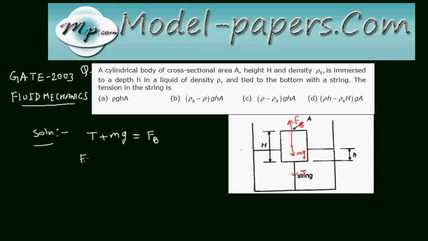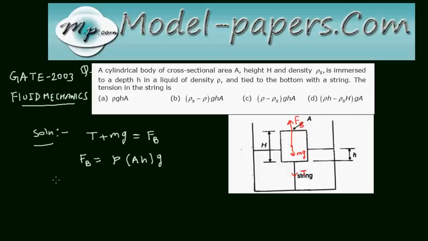and what is this buoyancy force? This buoyancy force is the liquid density rho into the volume displaced by this block, the volume of the liquid displaced by this block, which is nothing but the cross-sectional area A and height h, and g. This is the buoyancy force.